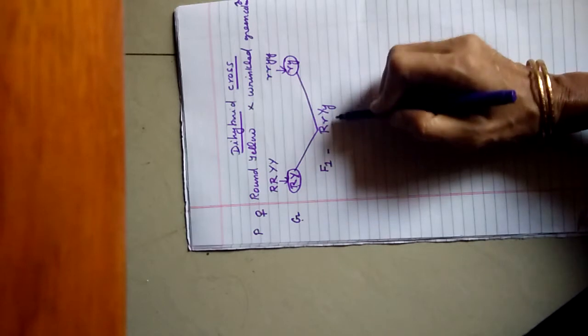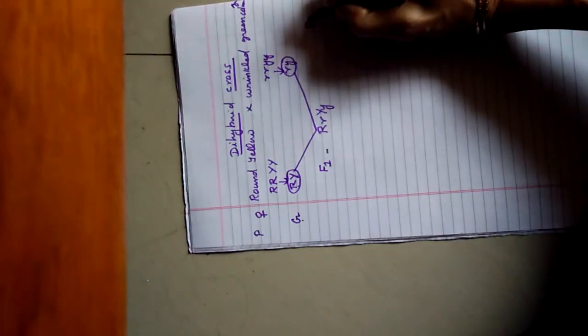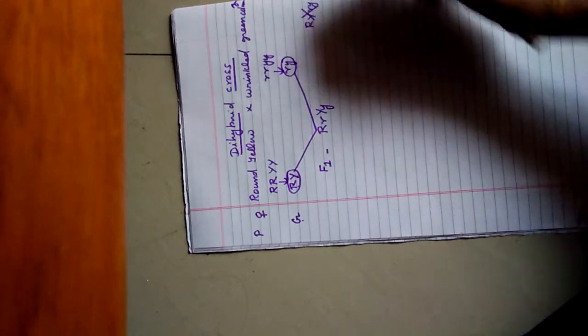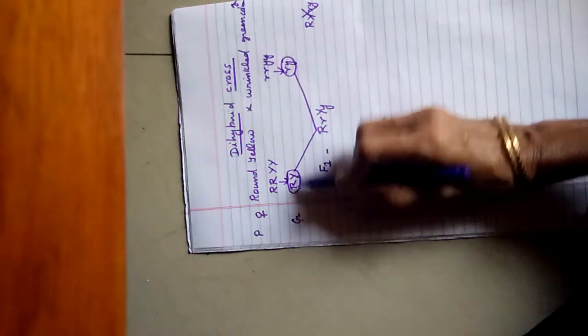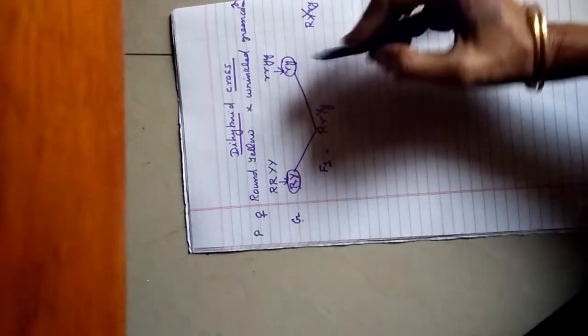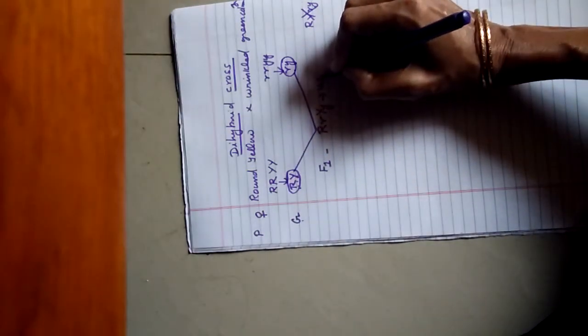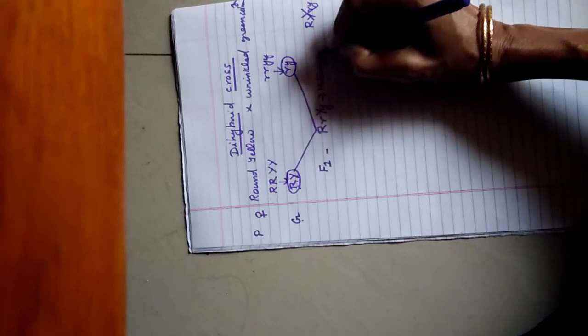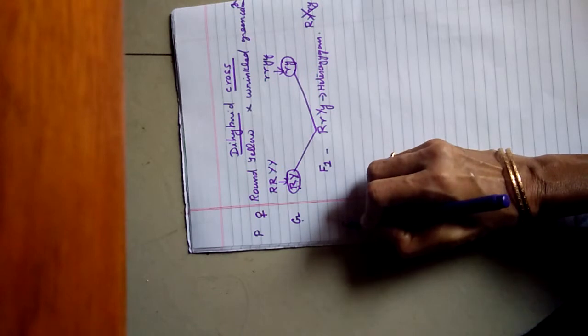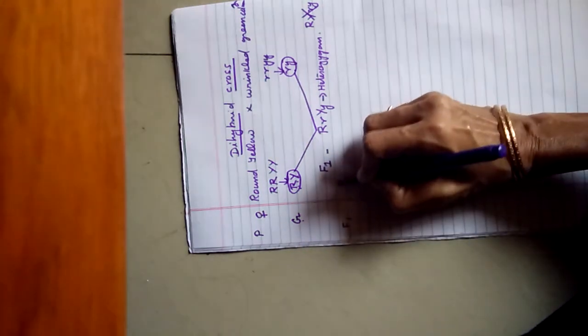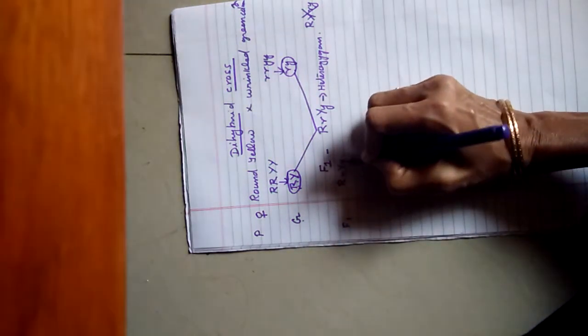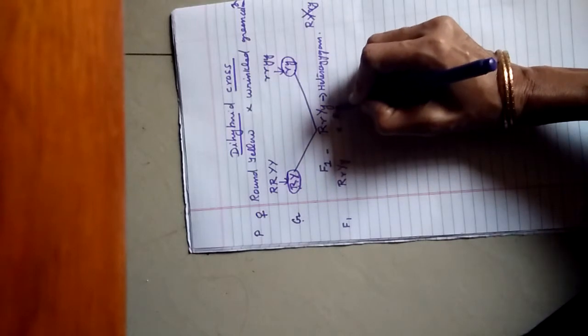You are not supposed to write it like R, Y, r, y mixed up; that is a wrong way of writing. So how to write? Capital R, small r, capital Y, small y. Phenotype is round yellow, but it is heterozygous round and yellow.